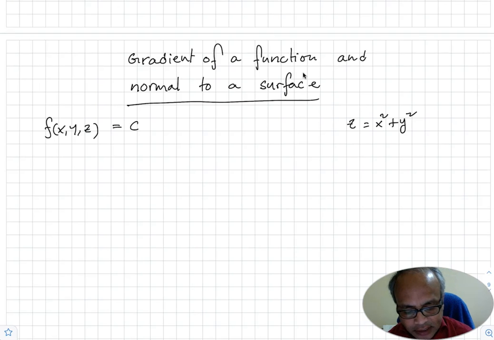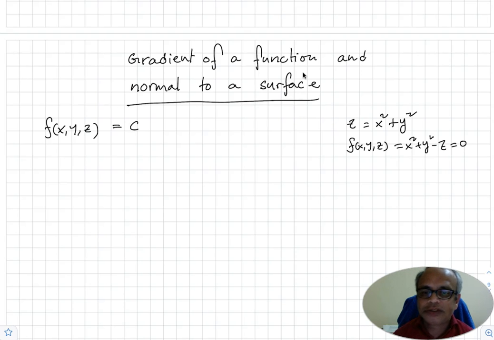We can rewrite that as f of x, y, z equal to x square plus y square minus z, which equals 0. So I have c equal to 0. So f of x, y, z equal to c, which is a level surface.